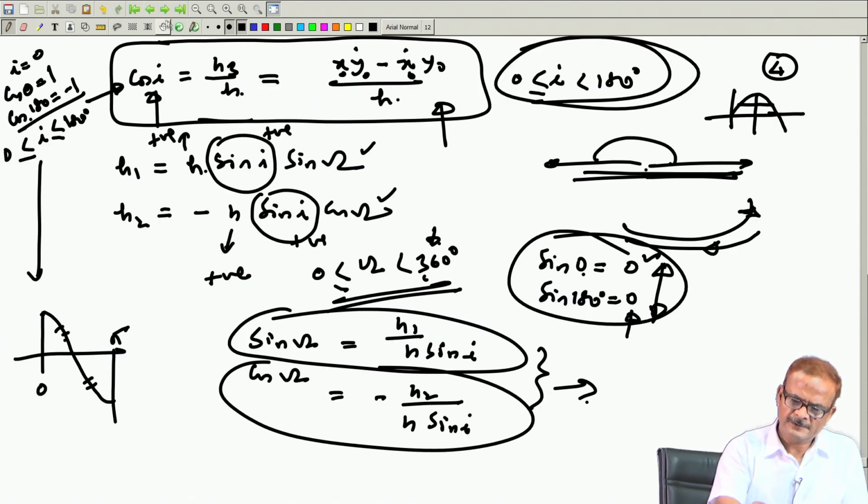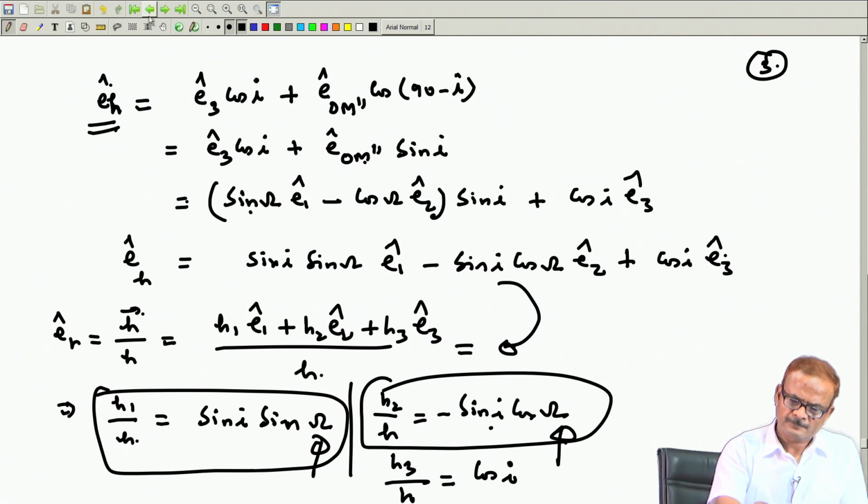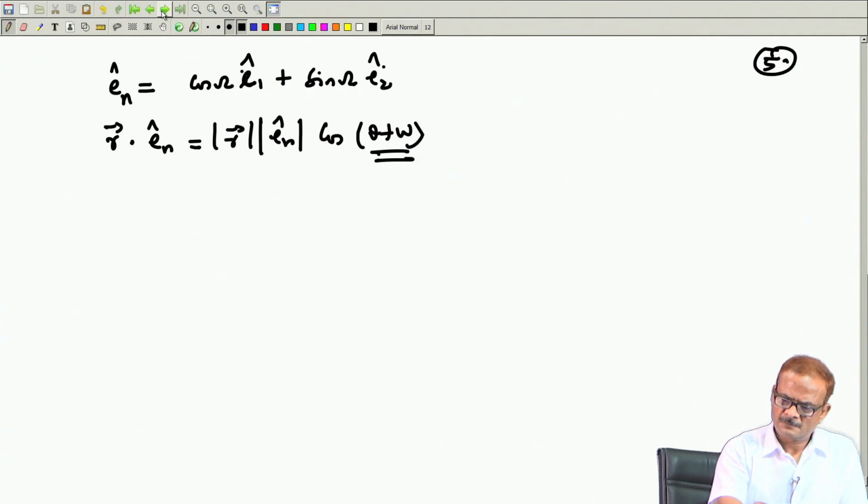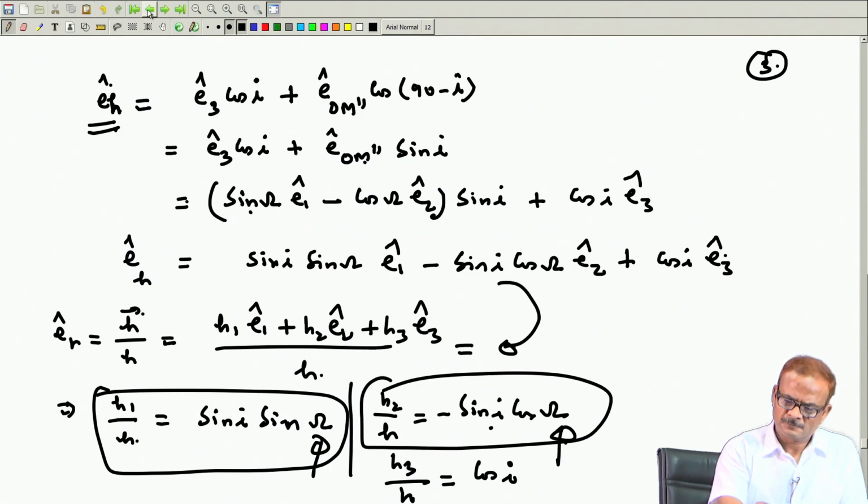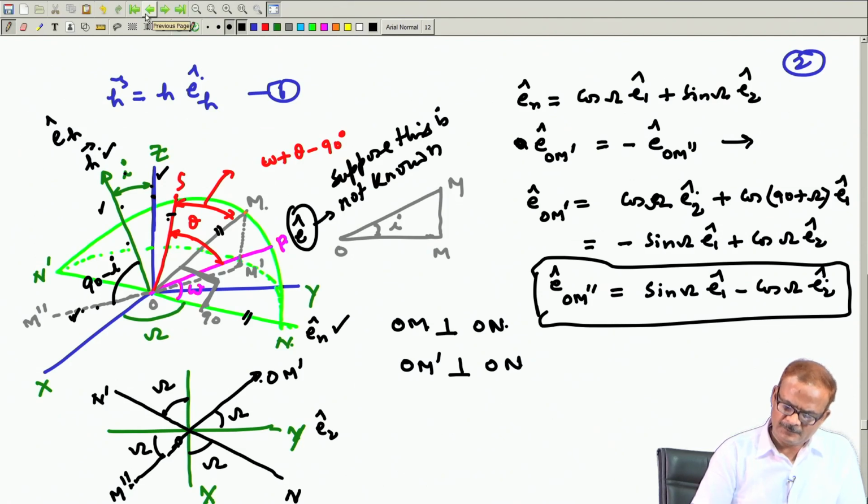So, the angle going from this place to this place, all the way, this is omega and this is theta.